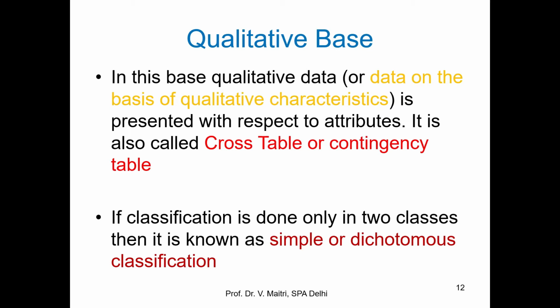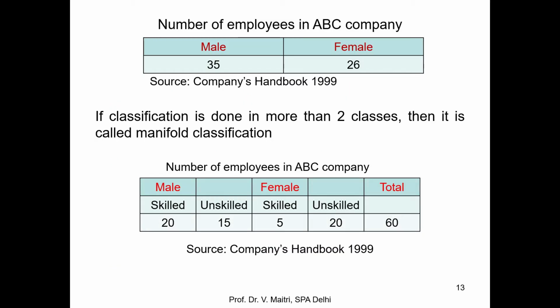If we have only two classes, male or female, now a third gender is also coming, or if there is only yes or no, it is known as simple or dichotomous classification. Let's see: number of employees in ABC company, 35 males and 26 females. Transgenders are not counted. Source is the company handbook.